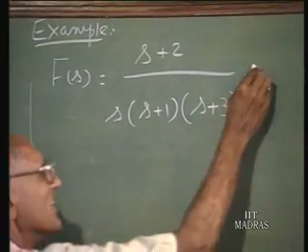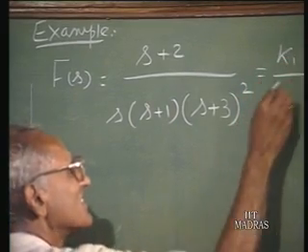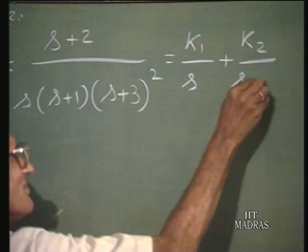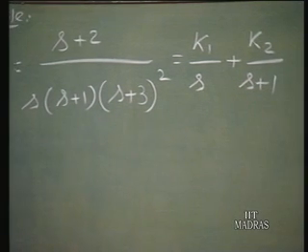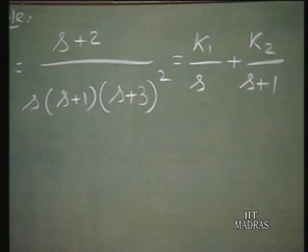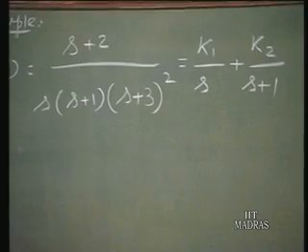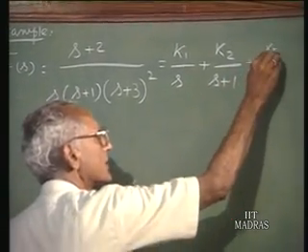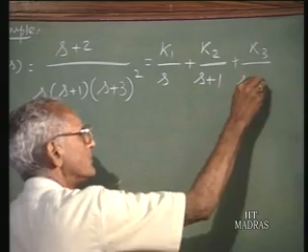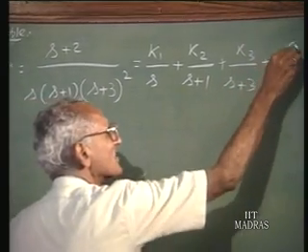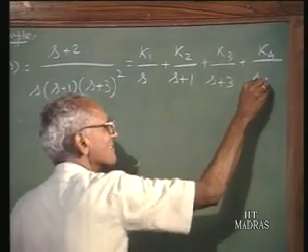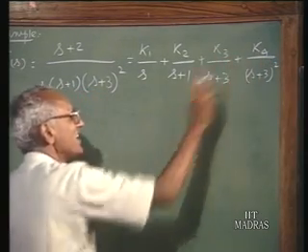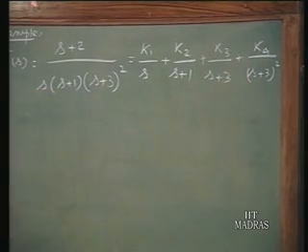Therefore, we have K1 over s plus K2 over s plus 1, and corresponding to this multiple order factor s plus 3 whole squared in the denominator, you can express this as K3 s plus K4, or alternately it suits us to express this as K3 over s plus 3 plus K4 over s plus 3 whole squared, because these are easily identified with the Laplace transforms of well-known time functions.